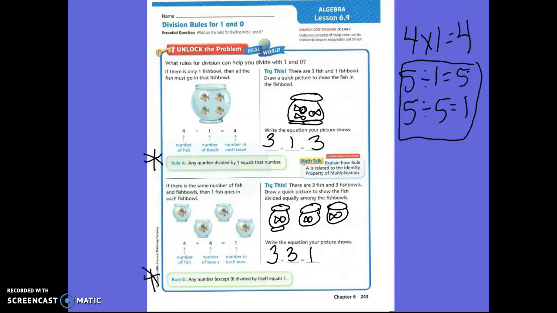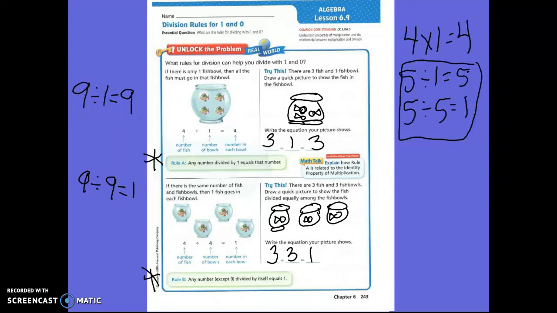Any number except 0, 0 is an exception, any number except 0 divided by itself equals 1. We had 100 divided by 100. What's that going to be? 1. Exactly. 9 divided by 9 equals 1. 9 divided by 1 equals 9.